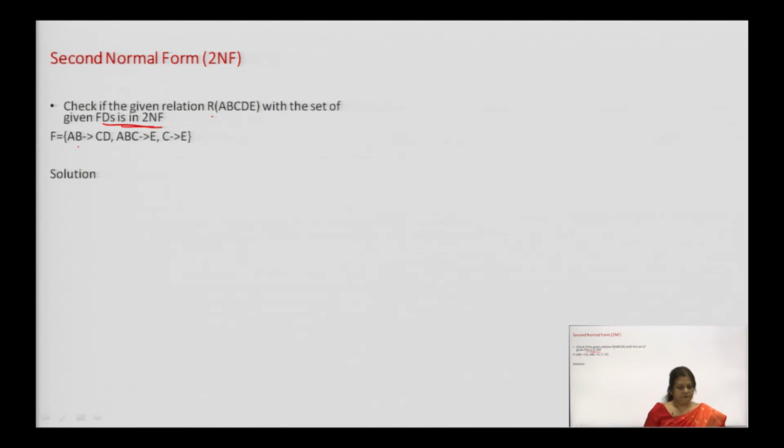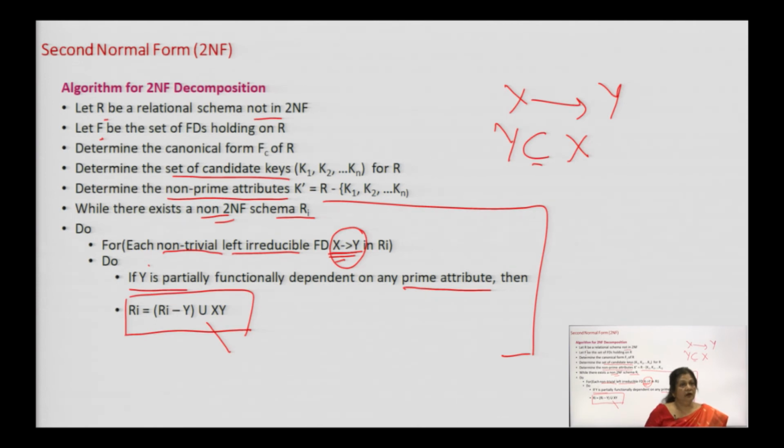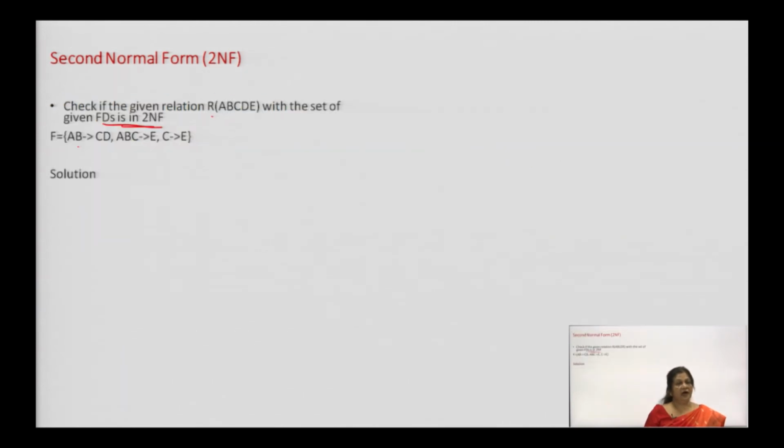First we will find the canonical form of R, then we will find the keys of R, and after that we will check whether our relation is in 2NF, that is, whether any partial functional dependencies exist or not.